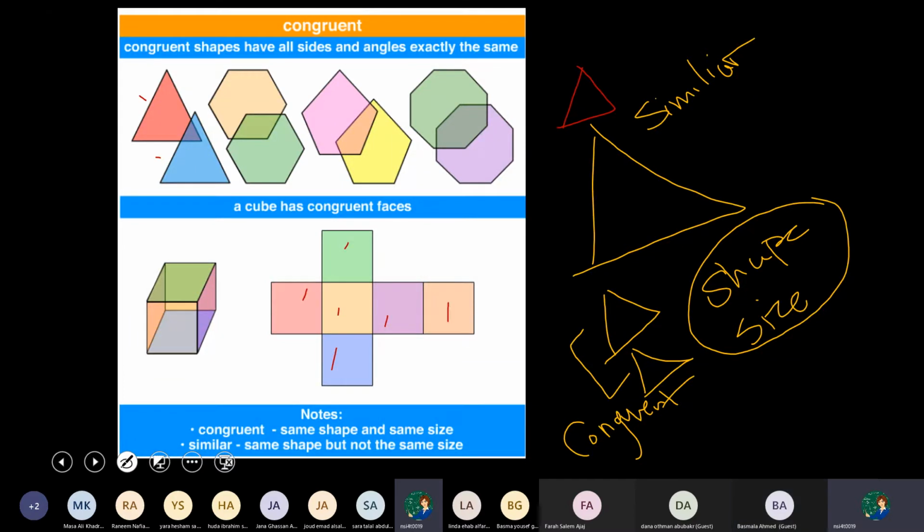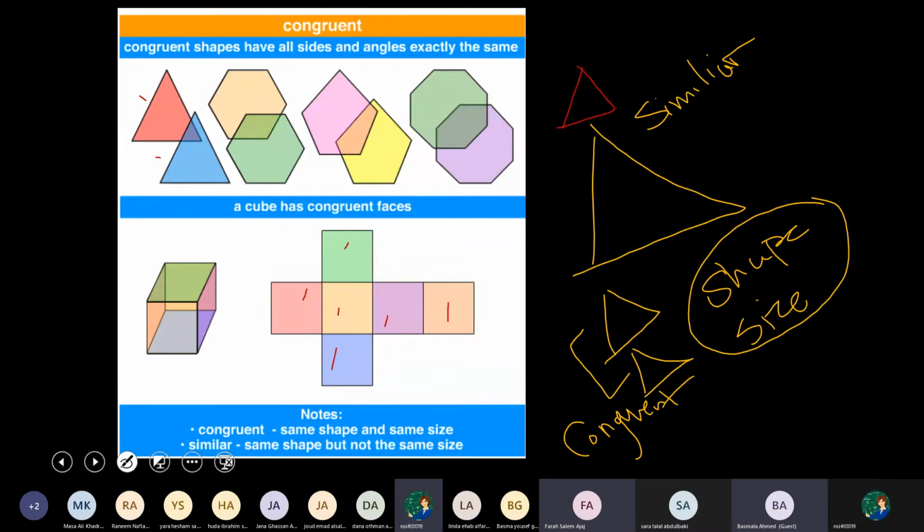Now I want to ask you a question. Are all congruent figures similar? No. Yes. No. Think about it, girls.